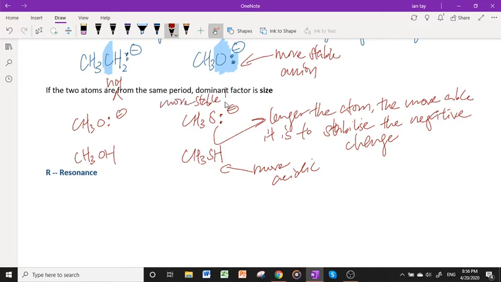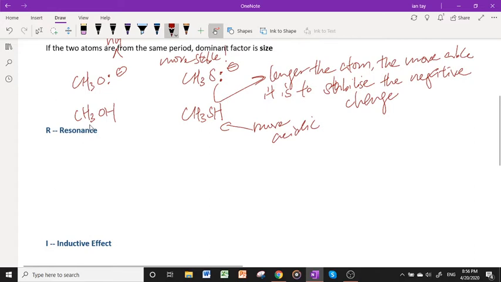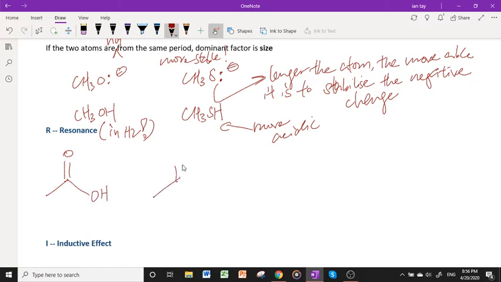The second factor, which I put in blue because it is something we learned already in the H2 syllabus, is resonance. The idea behind resonance is that it disperses the negative charge, conferring stability. A classic example would be comparing the acidity of carboxylic acids and peroxo acids.